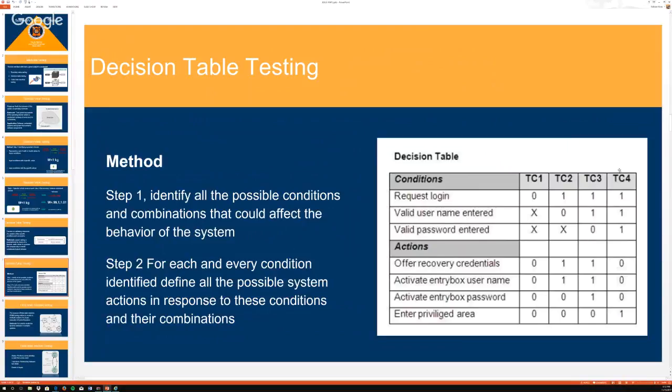So this is the way we can test if the system acts like the decision table, to see all the possible combinations.